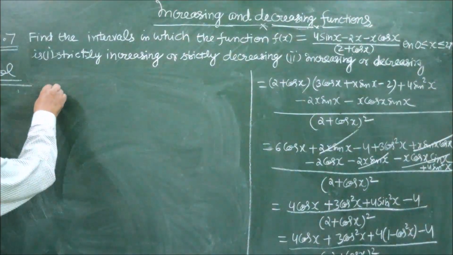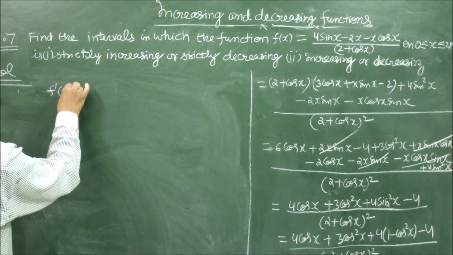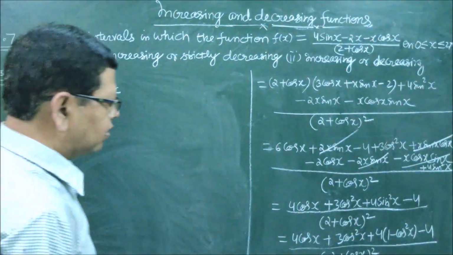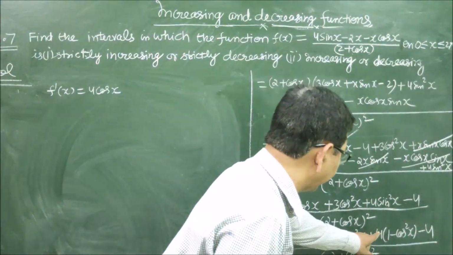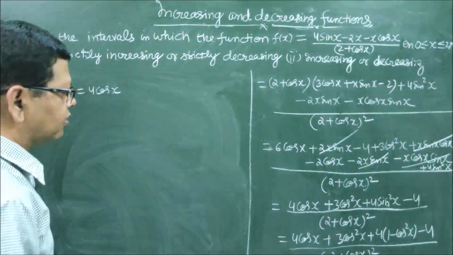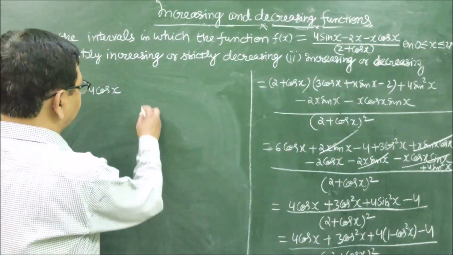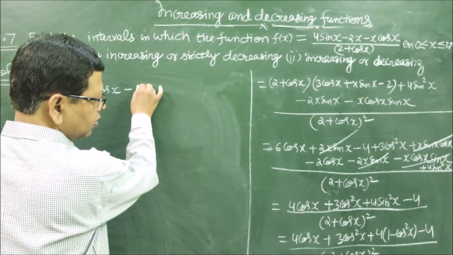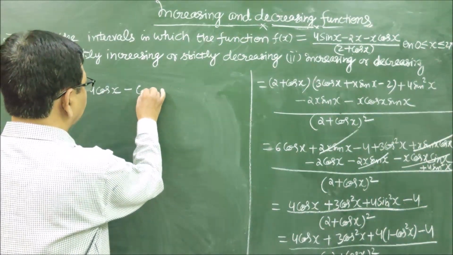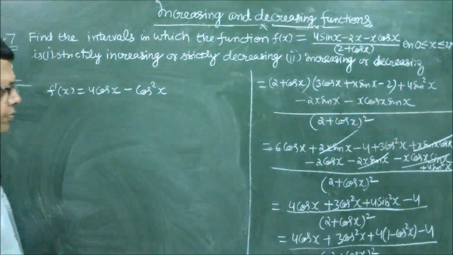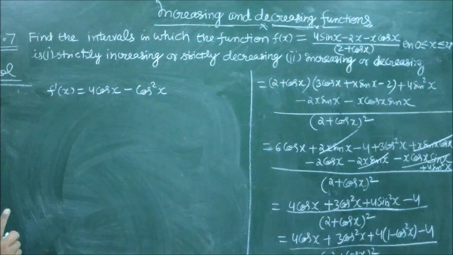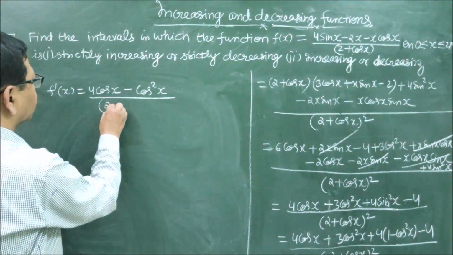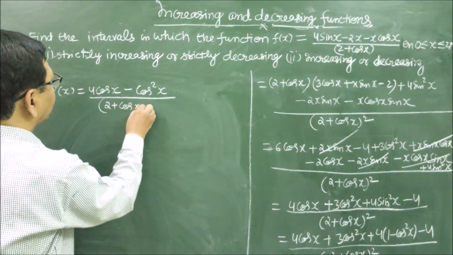So f'(x) is equal to 4 cos x, and this 3 cos square x minus 4 cos square x is equal to −cos square x, and 4 and 4 get cancelled, upon (2 + cos x) whole square.